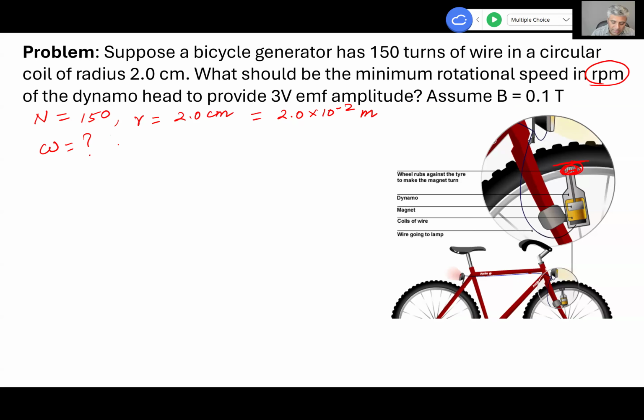But our omega from the formula gives the answer in SI units, that means radians per second, so we need to convert that to revolutions per minute. We want the EMF to be 3 volts.